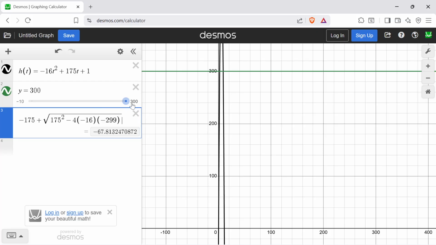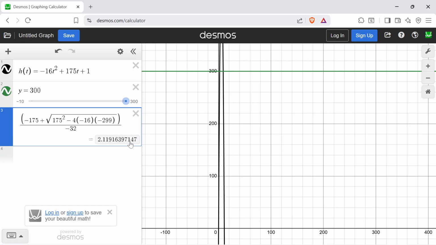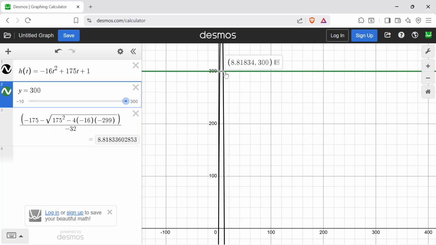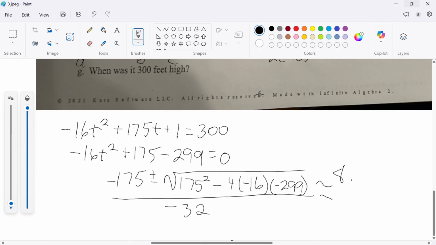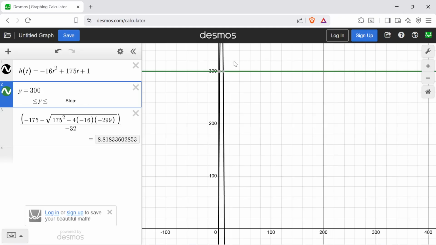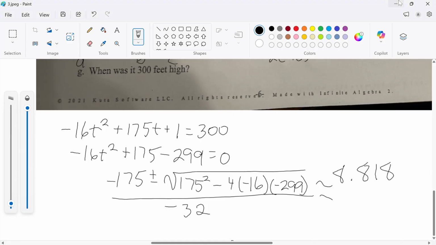All divided by our beautiful negative 32, 2.119 seconds, and then if I do the minus, it is 8.818 seconds. So it was approximately 8.818 seconds, and approximately 2.119.